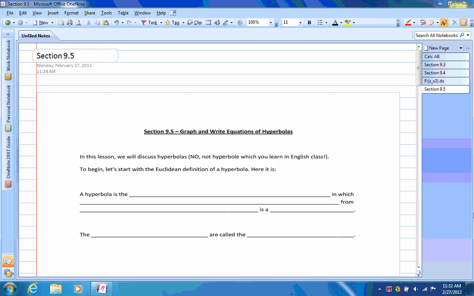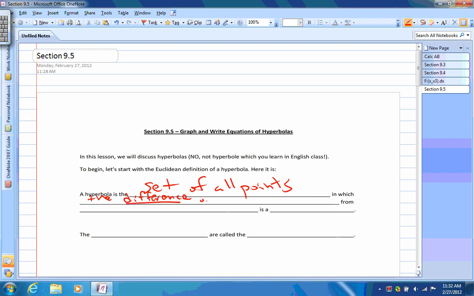So we'll start with the Euclidean definition of hyperbola, like we've done for parabolas, circles, and ellipses. A hyperbola is the set of all points in which, now in this case, the difference, not the sum, before was the sum for the ellipse, but for the hyperbola is in which the difference of the distances from two fixed points is a constant.